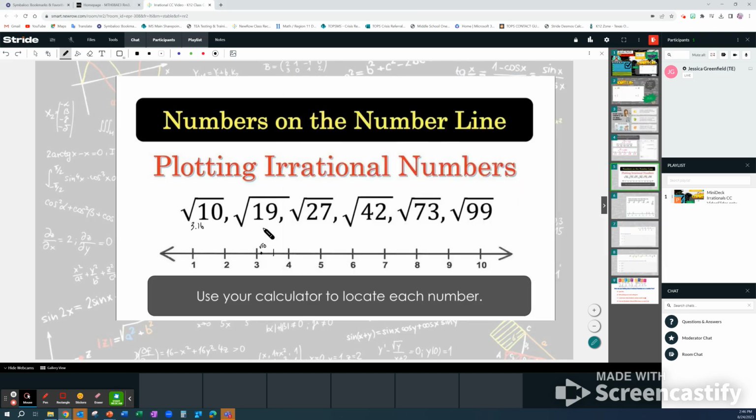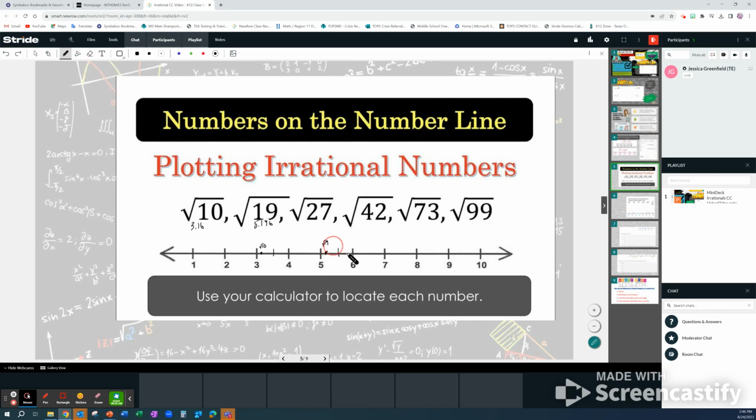All right, so 5.196. I'm just going to go ahead and write that right here, 5.196. Now if I were going to plot this, again, 5.5 is directly in the middle of 5 and 6, but 5.196 might be right there. All right, and so then I would just label it square root of 19.